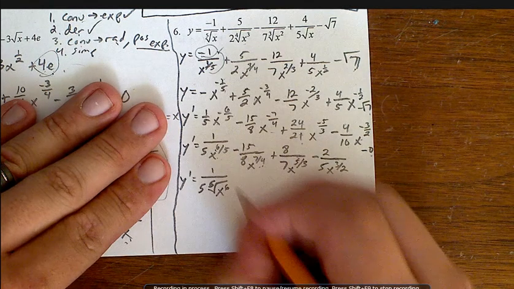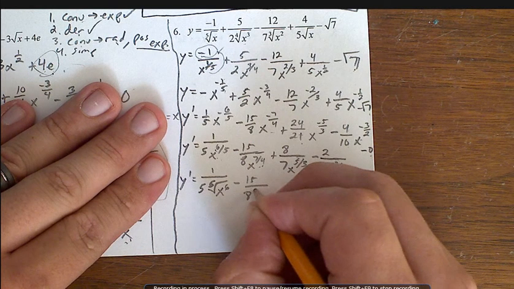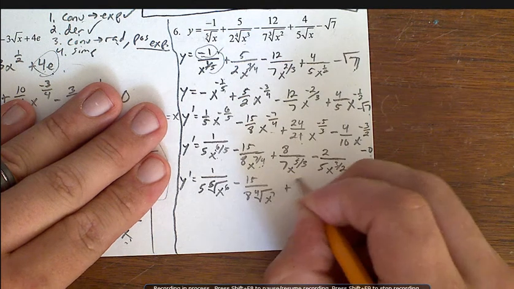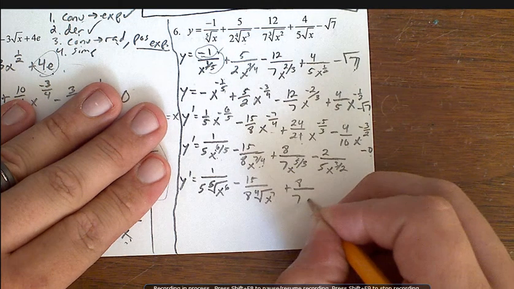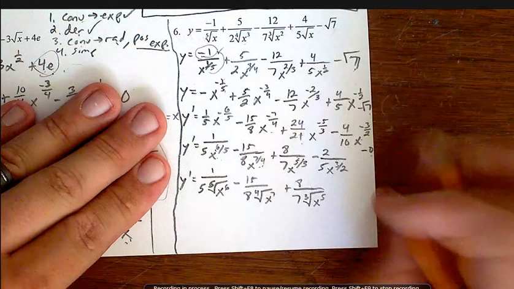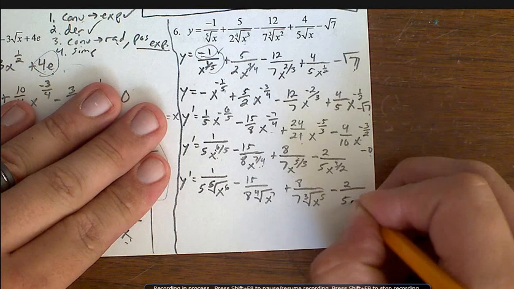Okay, now it's back in radical form. So simplify a little bit further. x to the 6th inside of the 5th root, so I can have 1 x come out.